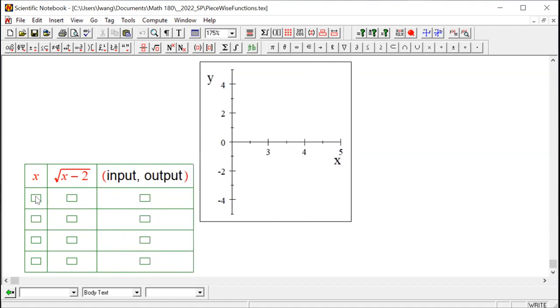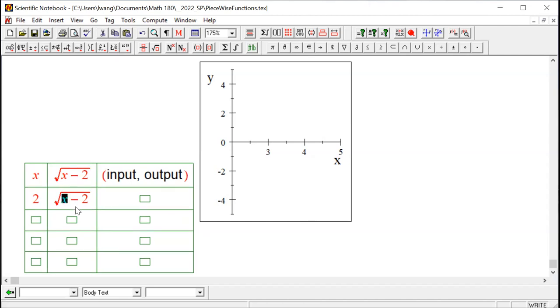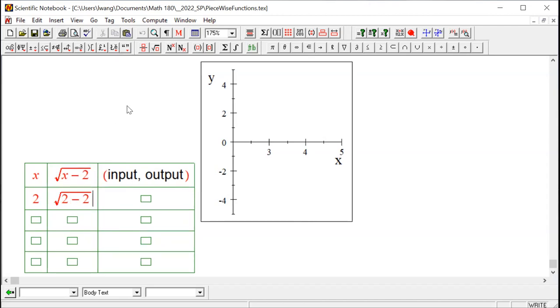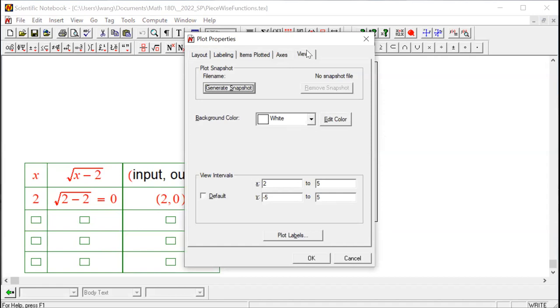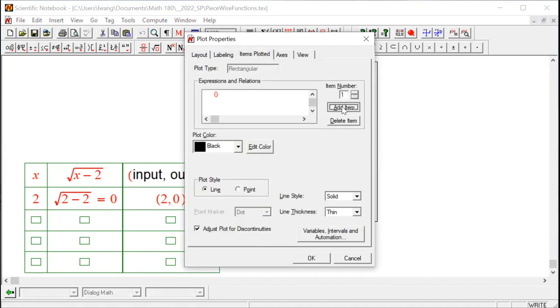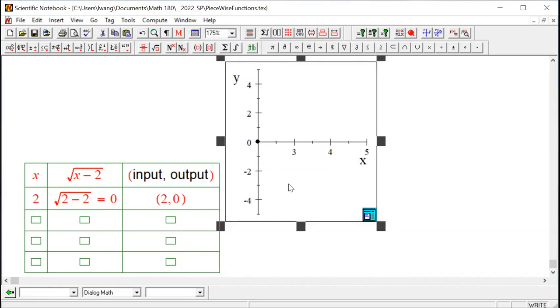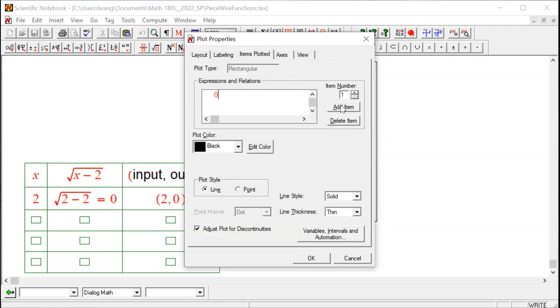If x starts from 2, then root of 2 minus 2 is going to be 0. Root 0 is 0. So that point is going to be (2, 0). I'm going to put that point in the picture, like that. Oh, we want a red dot.